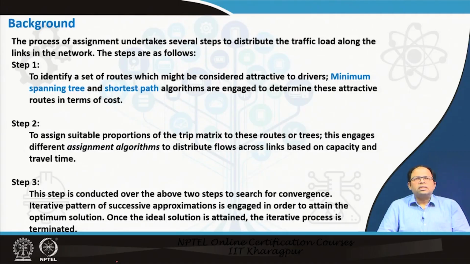So, the process of assignment undertakes several steps to distribute traffic load along the links in a network. Some of these steps we have already discussed. For example, step 1 is to identify a set of routes which might be considered attractive to the drivers, and for this we have learned about the minimum tree and the shortest path algorithms, which were engaged to determine which were the attractive routes in terms of cost or any other forms of impedance.